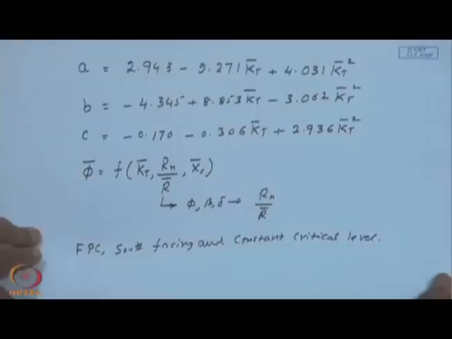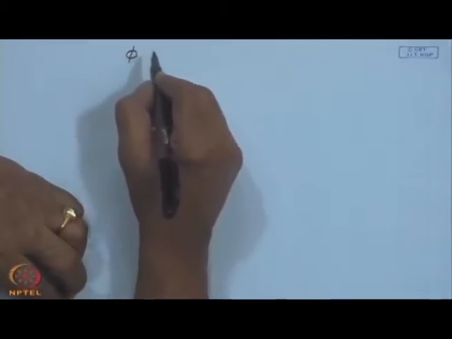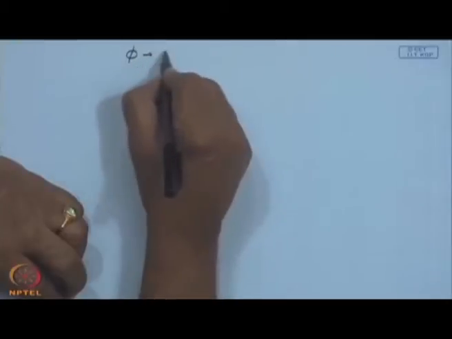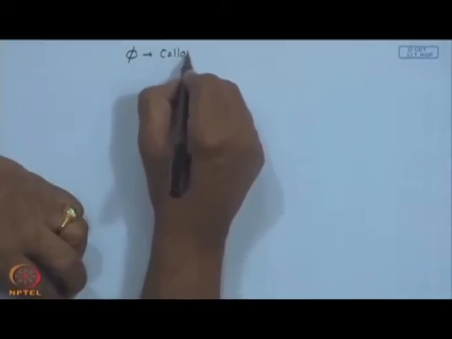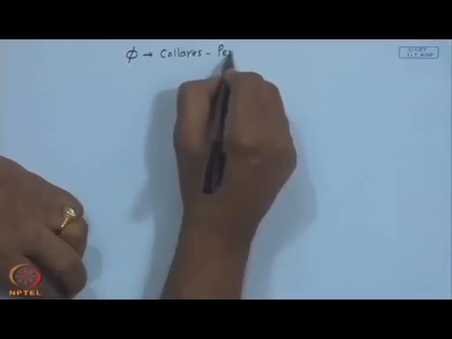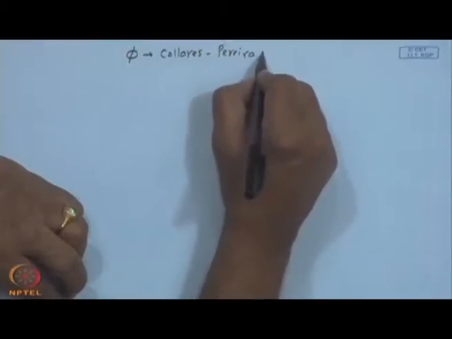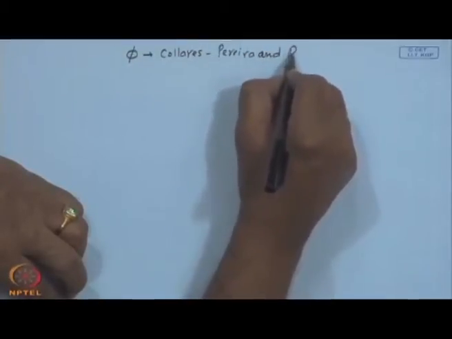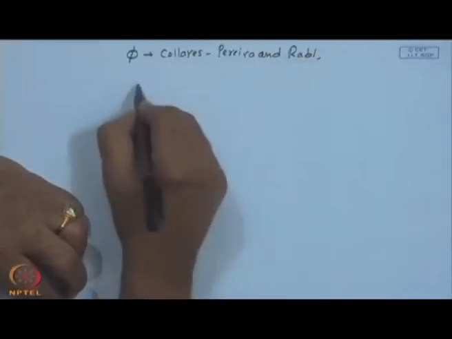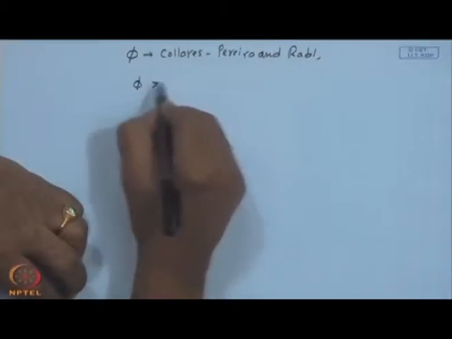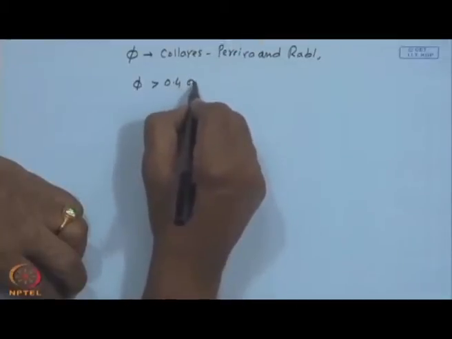There were attempts by Collares-Pereira and Rabl to include concentrating collectors and non-south facing surfaces. However, that is restricted to when the monthly average utilizability, he calls it phi, with a slightly different definition, is valid for phi greater than 0.4 only.